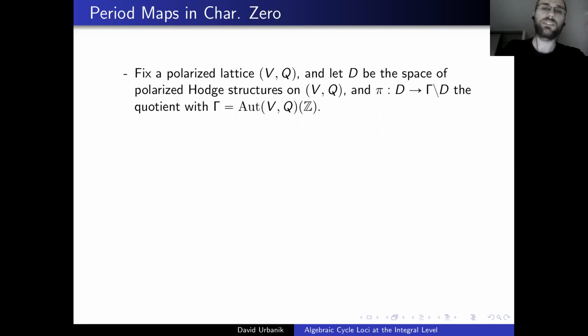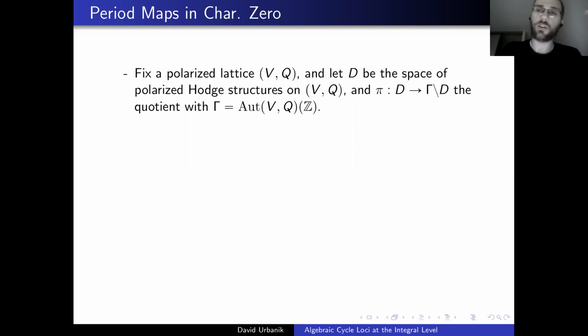And then we're going to take D, the complex manifold D, to be the space of all polarized Hodge structures on that polarized lattice. There's a natural projection from D to D mod Gamma, where Gamma is the group of integral automorphisms of the lattice which fix the polarization.